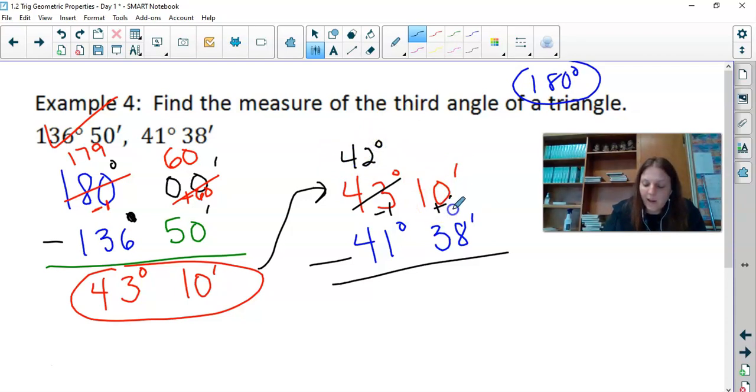And you're going to add the 60 minutes that you just gained back over here. But there's already something there, so you're going to add the 10 and the 60, which gives you now 70. So go ahead and subtract. So you'll have 32 minutes and only 1 degree.